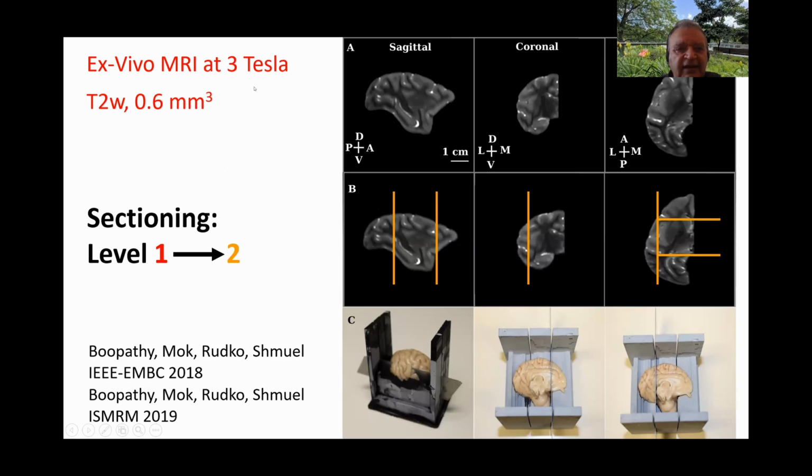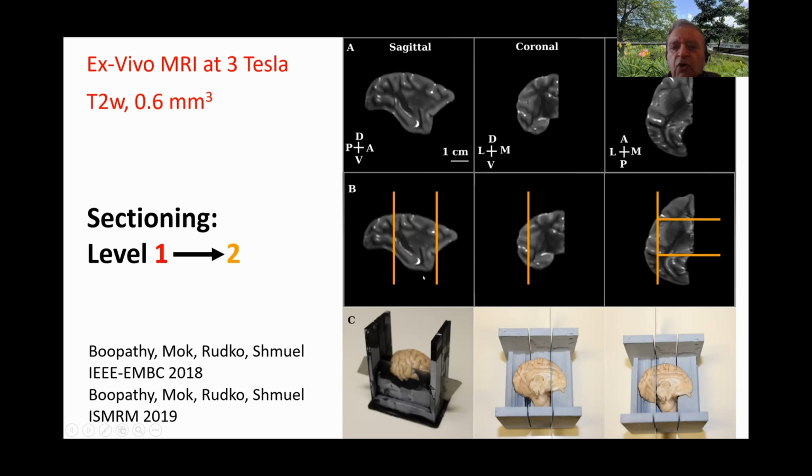So we start again at 3 Tesla with 0.6 cubic millimeter. This is T2 weighted MRI ex-vivo. And you can see the scale, that would be 1 centimeter. And we design a sectioning from level 1, from the entire brain, or in this case, only one hemisphere, to level 2.